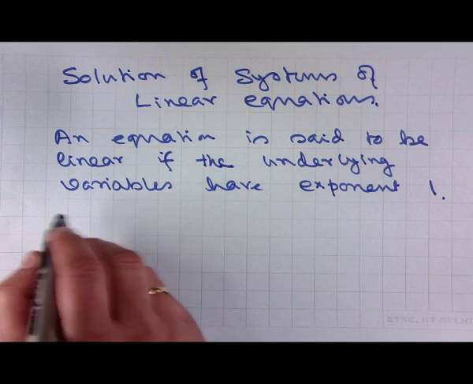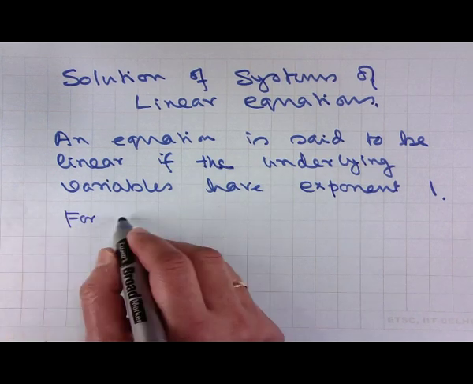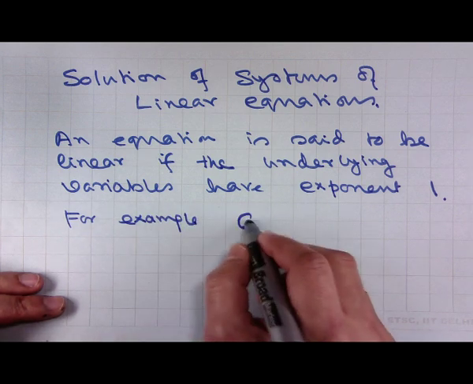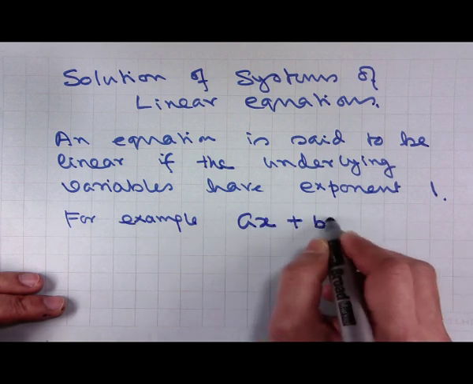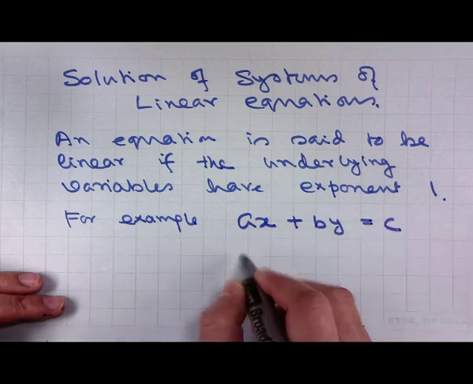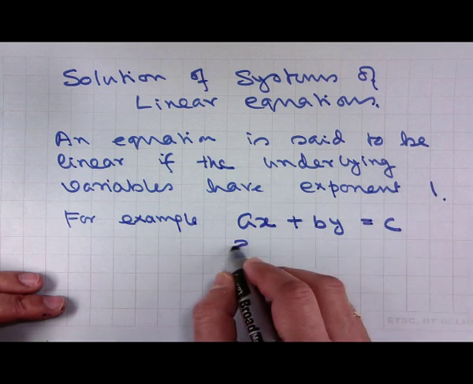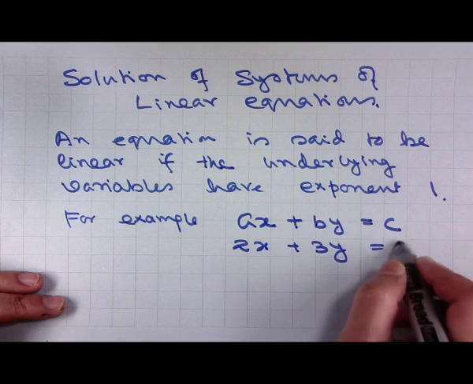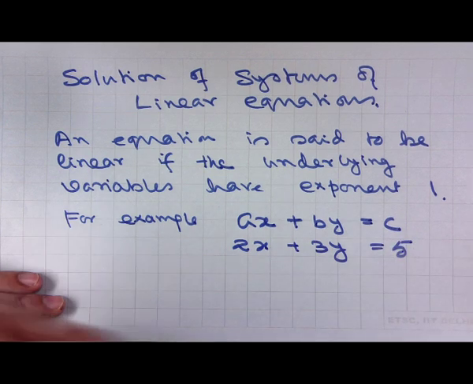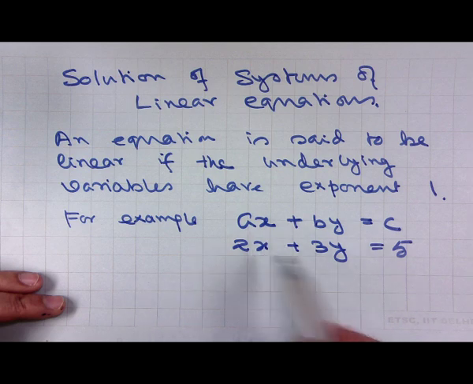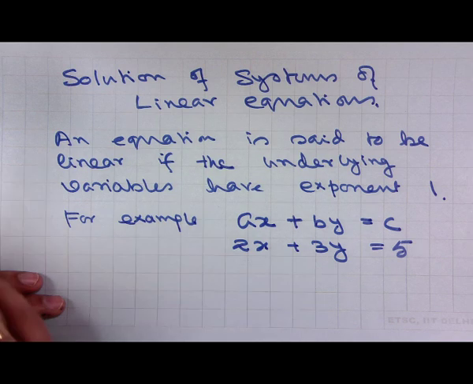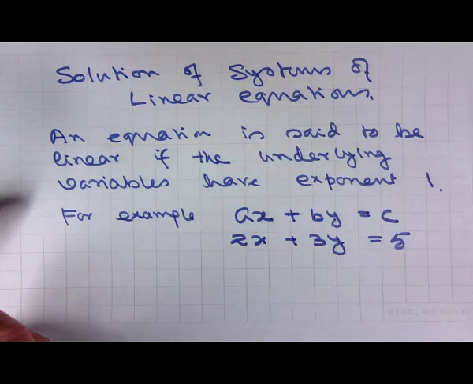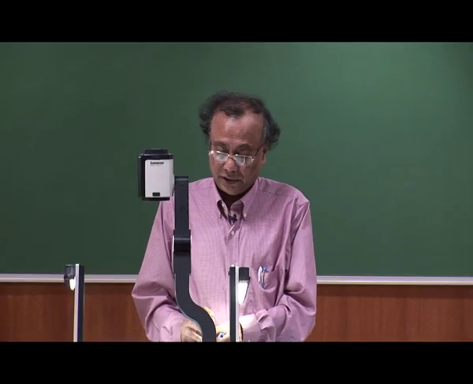For example, ax plus by is equal to c, or say 2x plus 3y is equal to 5. The underlying variables here are x and y, and since all of them have exponent equal to 1, these are linear equations.